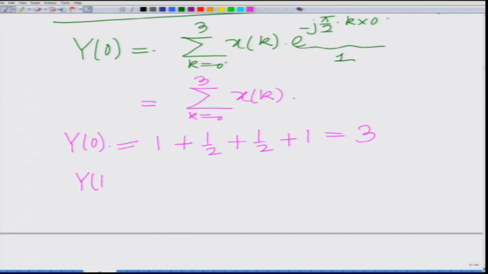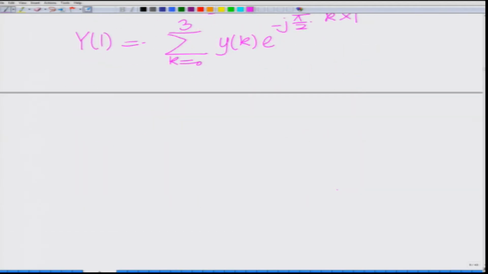Let us compute Y1. Y1 equals summation k equal to 0 to 3 yk e raised to minus j pi by 2 k times 1, which is basically k itself.